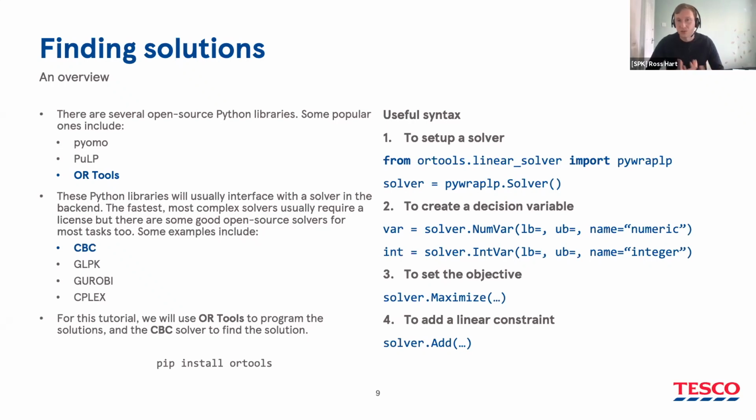You can set up a solver very quickly, and you can set up variables using these solver.numVar and solver.intVar and set lower bounds and upper bounds accordingly. And then the objective, again, is really simple to write out. You just write either solver.maximise or solver.minimise. And finally, adding linear constraints is just done using the solver.add functionality.